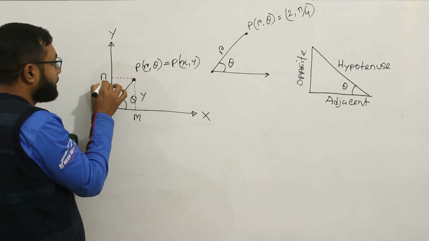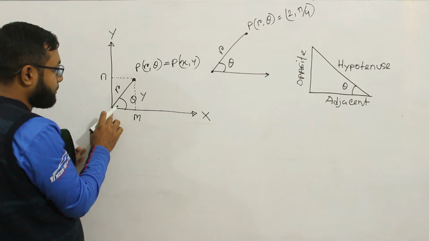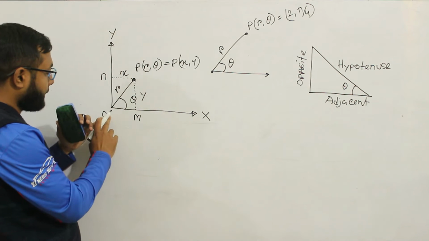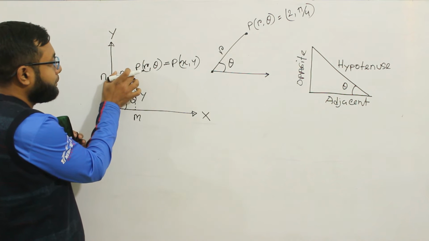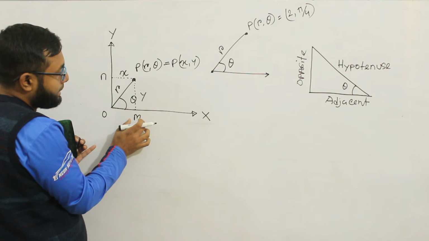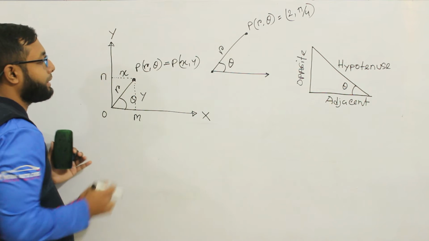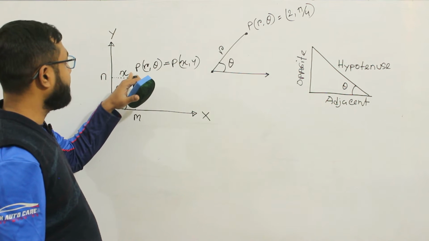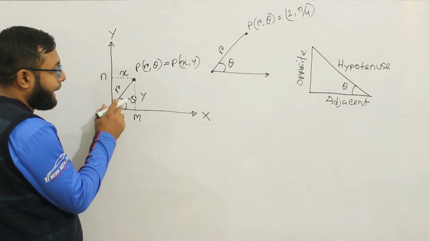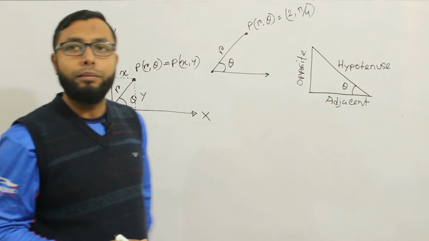If we put N here, then the distance from N to P will equal the distance from O to M, and that will be the value of x, because that goes along the x-axis. The value of y is the distance from point M to point P. So we need to find the values of x and y. We have the value of r and the angle theta, so we have to convert (r, theta) into (x, y).